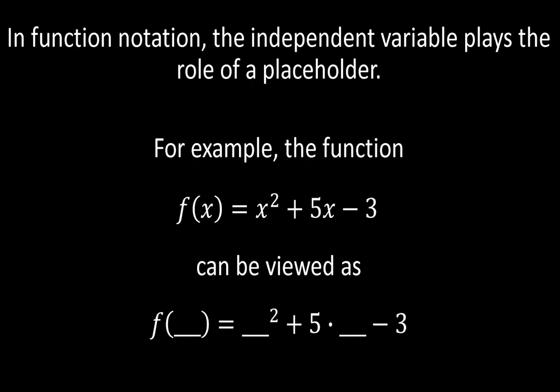When we use function notation, the independent variable, or the input, plays the role of a placeholder. For example, in the function f of x equals x squared plus 5x minus 3, that function can be viewed as f of blank equals blank squared plus 5 times blank minus 3.